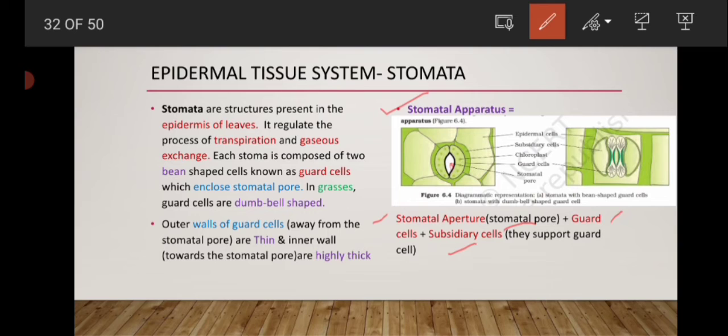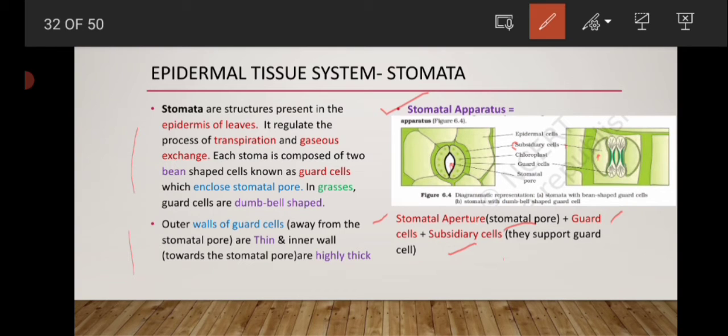Next one is guard cells. We already know about guard cells; previously I talked about them. And the last one is subsidiary cells. Subsidiary cells are located next to guard cells. Here you can see a subsidiary cell.